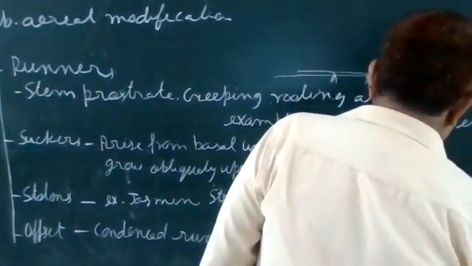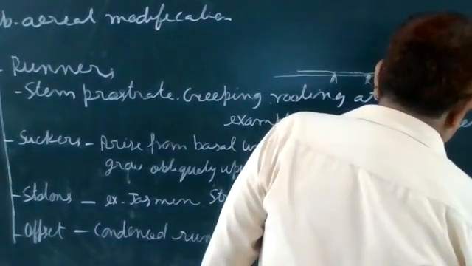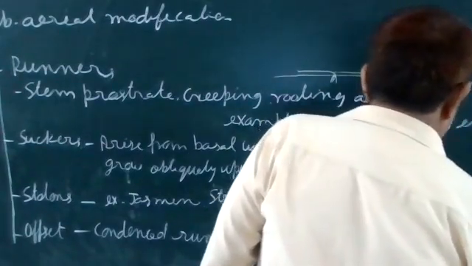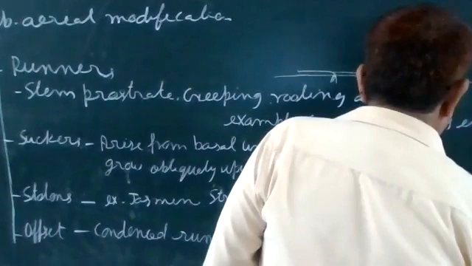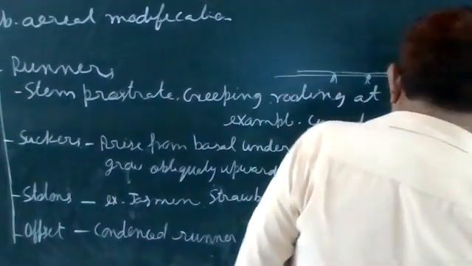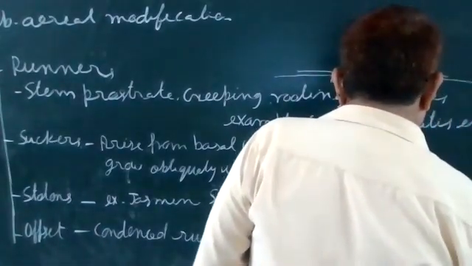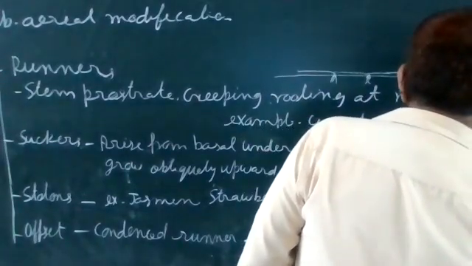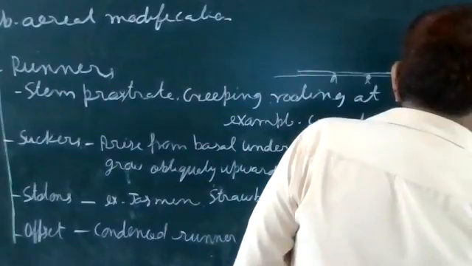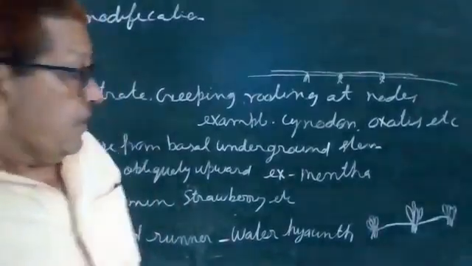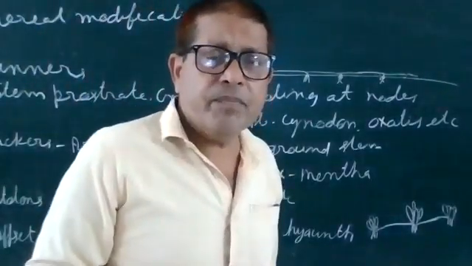Here, suppose this is the stem, and from here a cluster of leaves originates, and also another cluster of leaves originates, and also these are roots and a cluster of leaves. So this is an example of the offset.